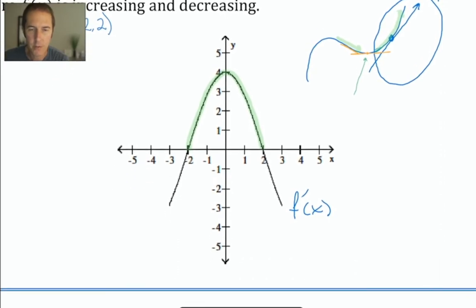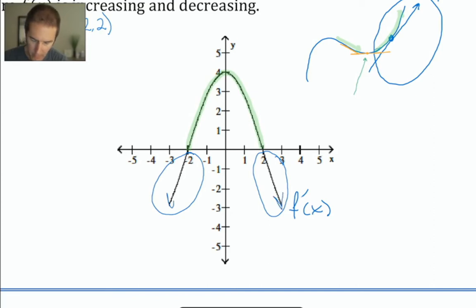Our original function is decreasing where f prime is less than 0, and this is where f prime is less than 0. This is also where f prime is less than 0. It's below the x-axis there. And I would be willing to bet that this goes all the way down and all the way left, all the way down and all the way right.